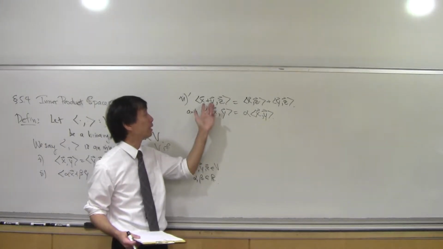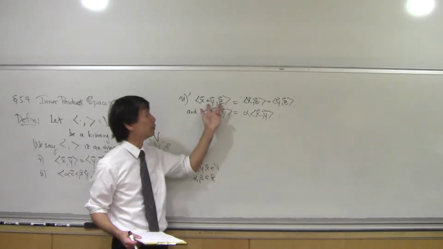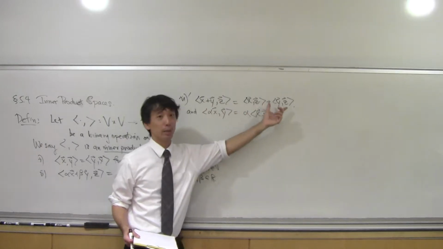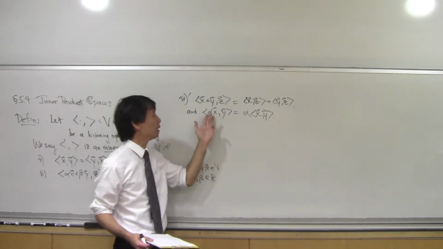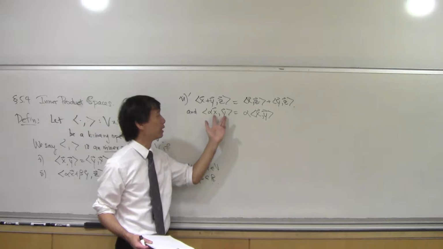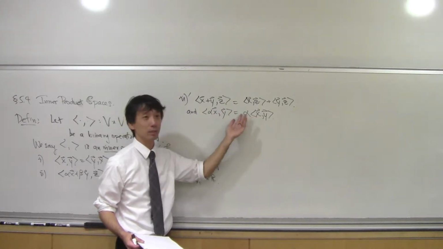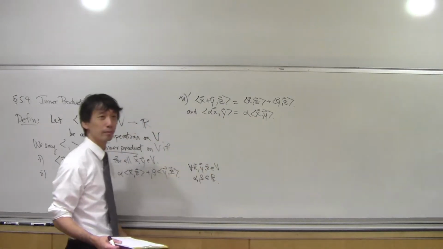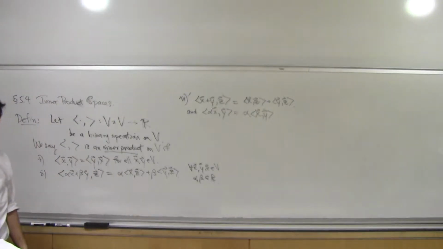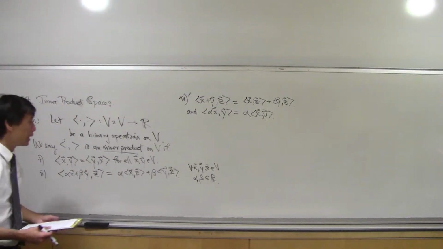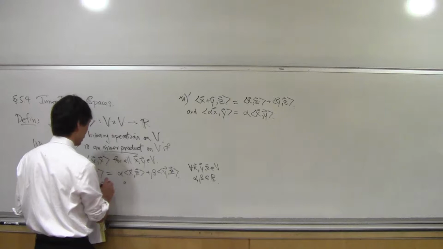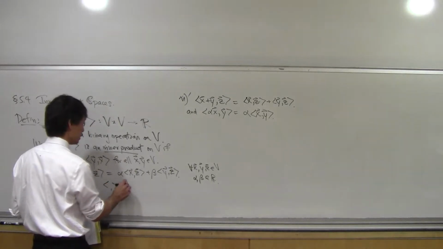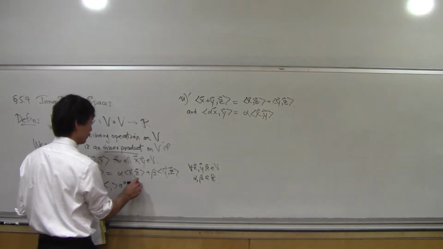What this says is that you can add these and then multiply them, or you can multiply them and then add them. Here you can multiply by a scalar and then do it, or multiply them and then take the scalar after. Yes, does it mean it's a linear transformation? It means this is what we call linear. So this is linear in the first variable.